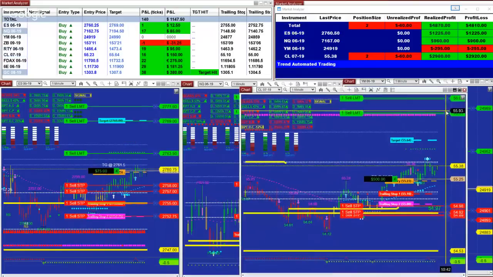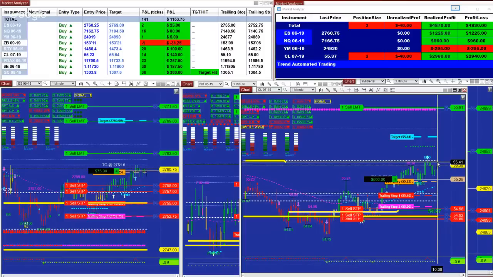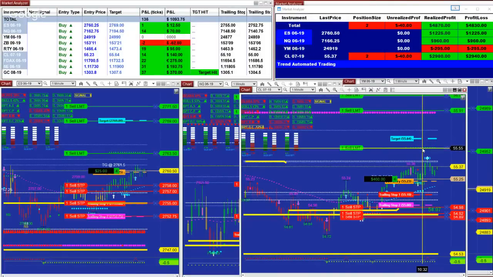For the CL trade, we are having a problem with this double resistance at 55.41. Hopefully we'll break it. We called that trade, I don't know, 15 minutes ago.